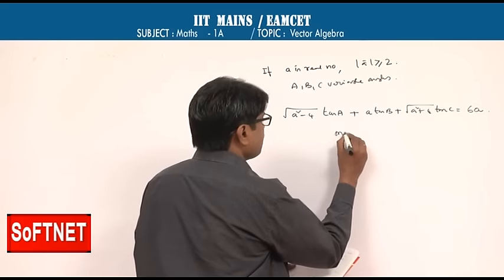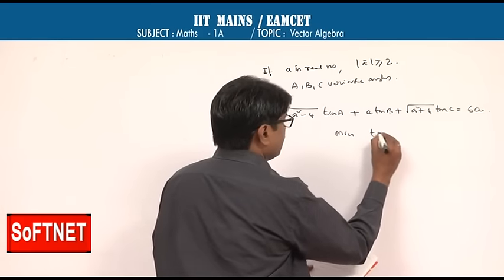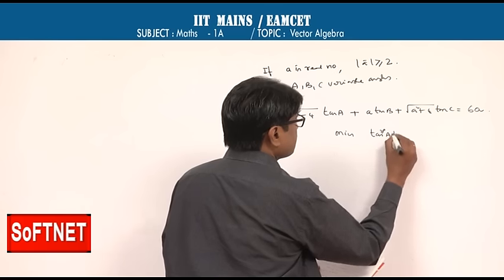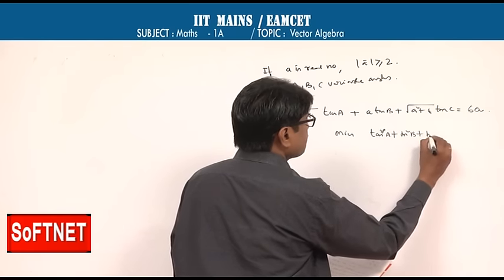Then what is the minimum of tan square A plus tan square B plus tan square C?